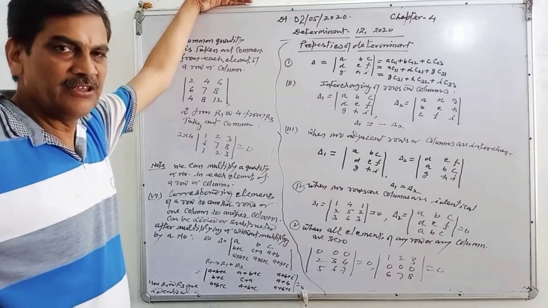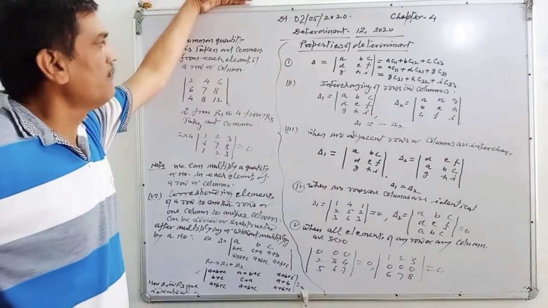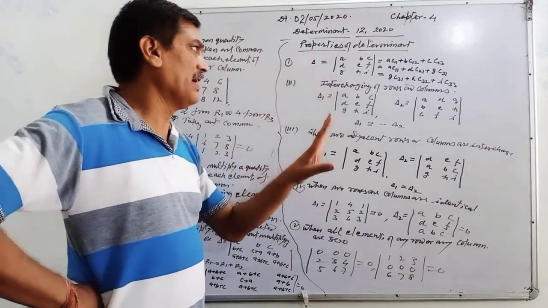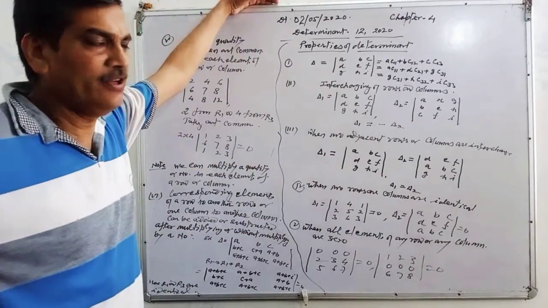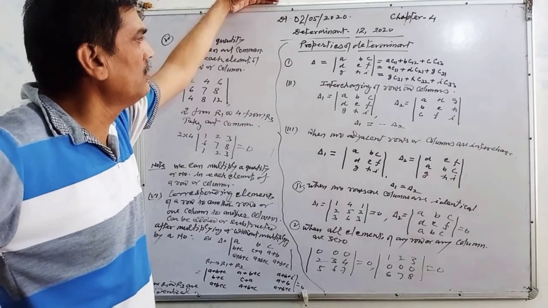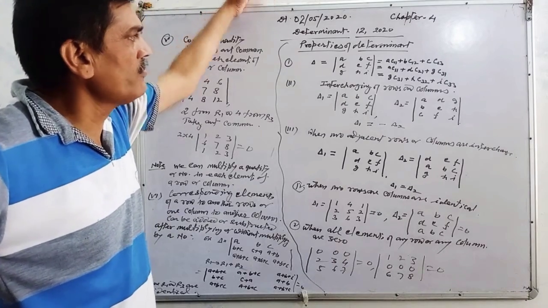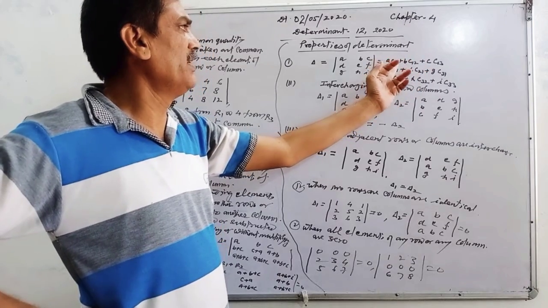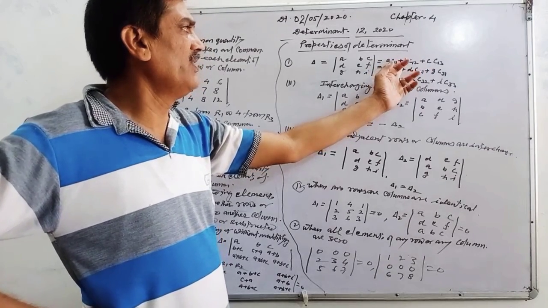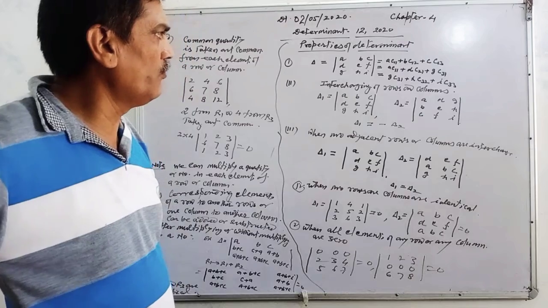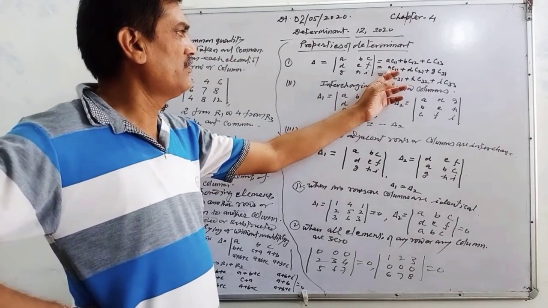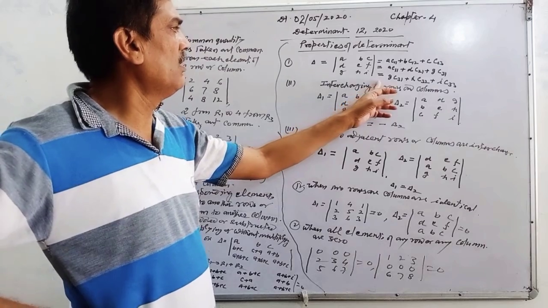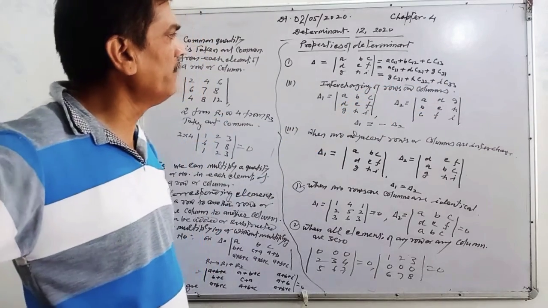So remember these properties. The first property is that your given determinant can be expanded along any row or any column. The solution will remain the same. Here, the first result is expanded along R1 with the corresponding cofactors, then along R2, and this is expanded along R3.